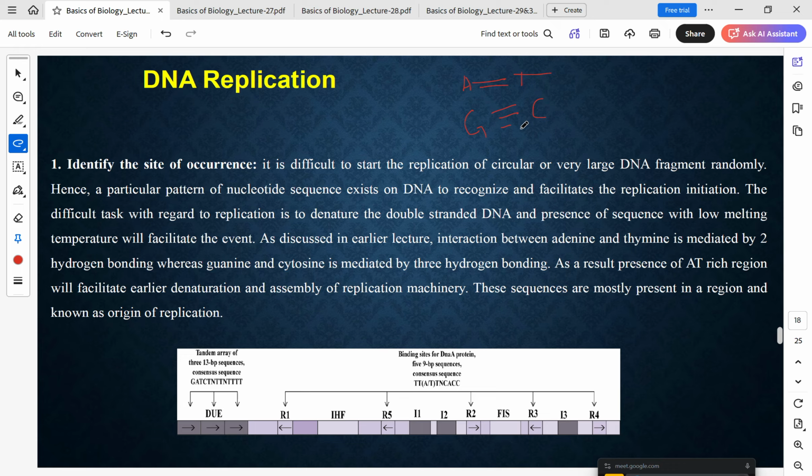Whereas if it's an AT rich region, then it is going to facilitate the separation of the strands very easily. So usually the replication machinery recognizes these AT rich regions and then starts binding to that. And this particular region is known as the origin of replication.